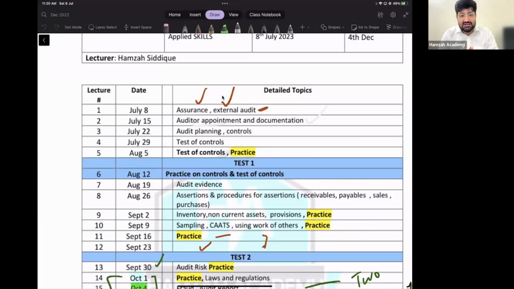So the way I'll be telling you, first of all, the point is being regular in the online live class, first thing. Second, students working more, performing a high level of assurance on every topic you study in the class.